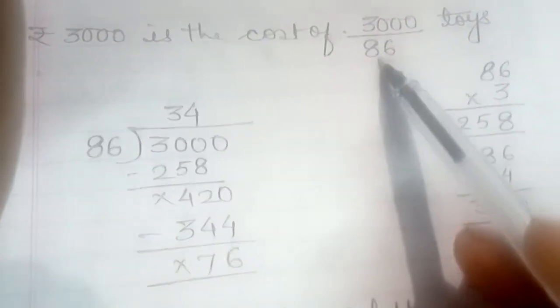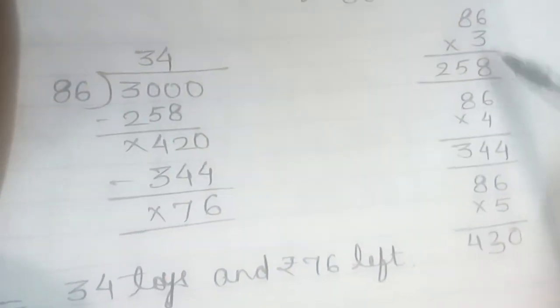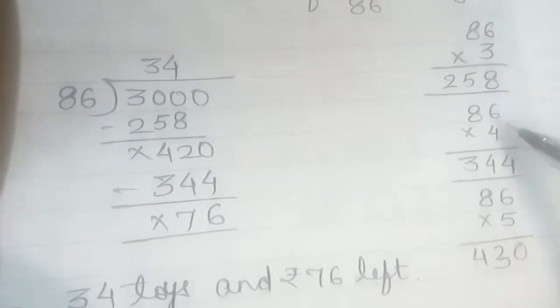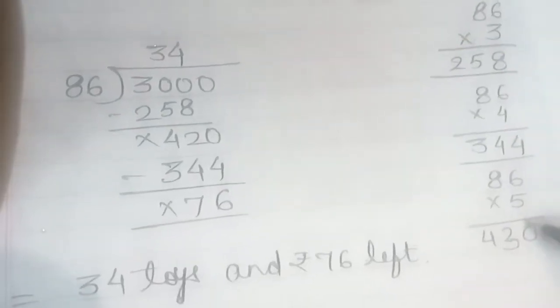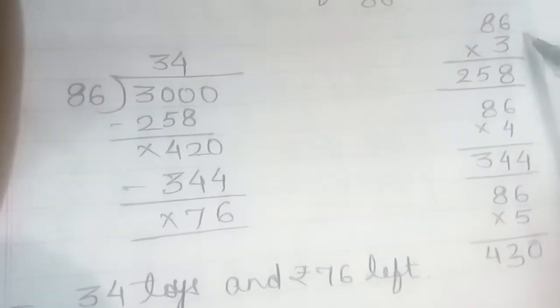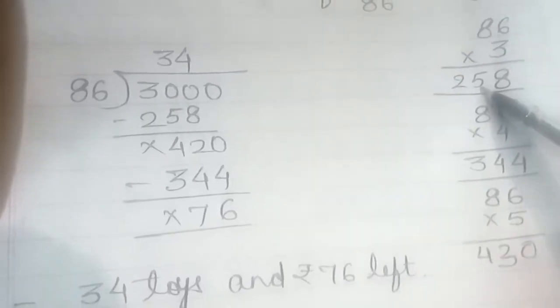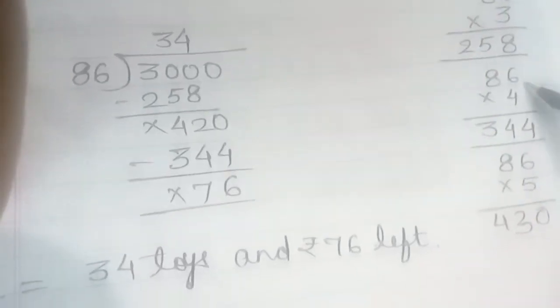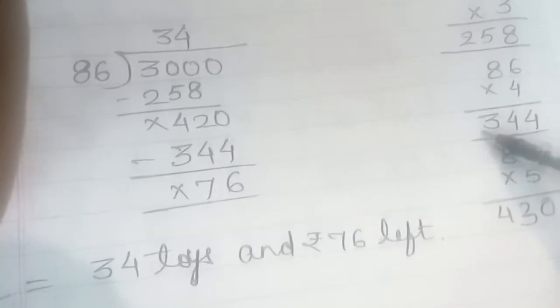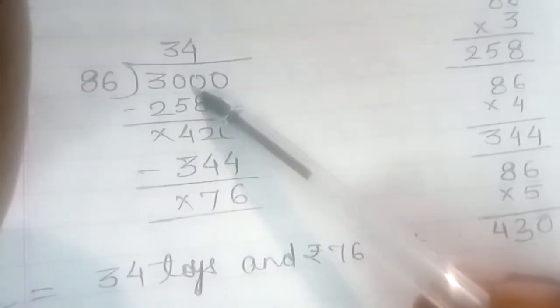Students, you can see here I have divided 3000 by 86. I have made the table of 2s, 3s, 4s and 5s. When I found 3s, it comes to 258. When I found 4s, I got 344. So 344 is more than the dividend 300.